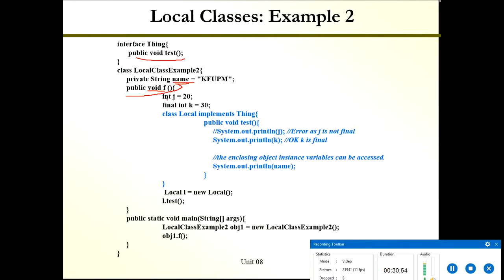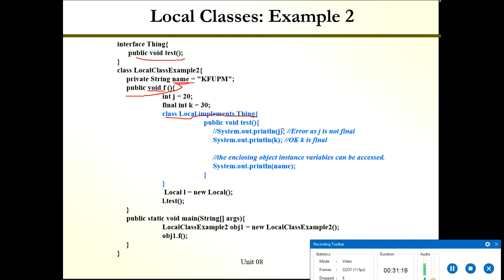Now inside this method I have the variable j and a final variable k. Inside this method f I have a nested inner class local, and it is implementing the interface. Since the interface has only one method test, and the inner class is inheriting from the interface, it must provide an implementation of this method.